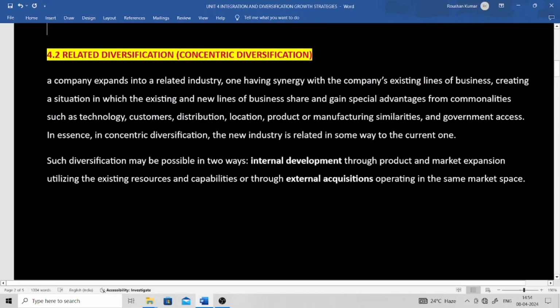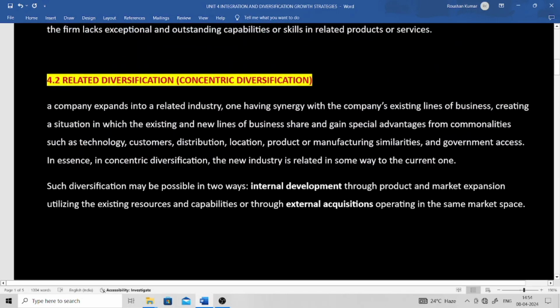A company expands into a related industry, one having synergy with the company's existing lines of business, creating a situation in which the existing and the new lines of business share and gain special advantage from commonalities such as technologies, customers, distribution, location, product or manufacturing similarities, and government access.